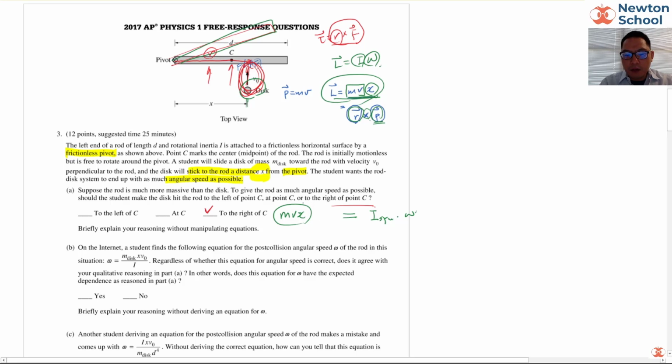So if the left side goes up, because I of the system will be constant, omega will go up, right? So you want to create as much angular momentum initially. Either you change mass, or you change initial speed, or you change the location of x. If you hit right here, this will generate bigger initial momentum, so bigger final momentum, so bigger angular speed. That's why you want to hit to the right of C.